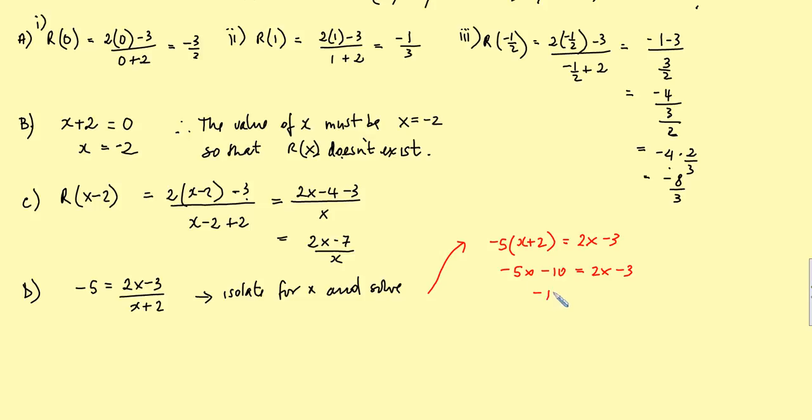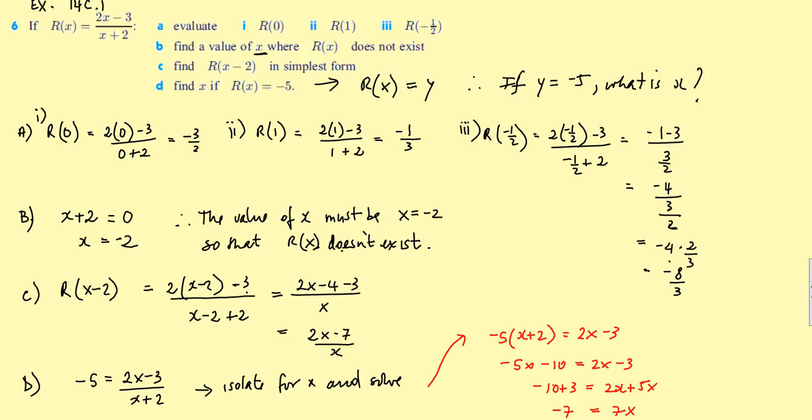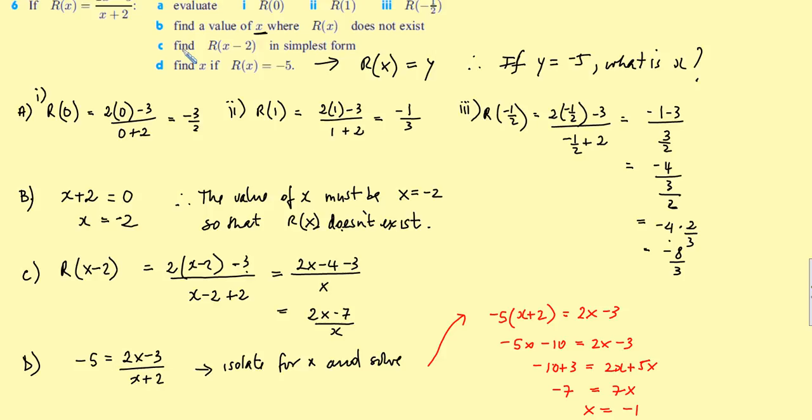I can say that negative 10 plus 3 is equal to 2x plus 5x, so that negative 7 equals 7x, and x equals negative 1. So that means that in order for me to have r of x equaling negative 5, my value of the original x would have to be negative 1.